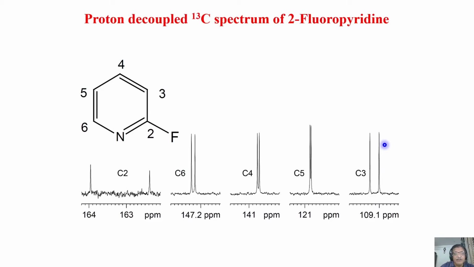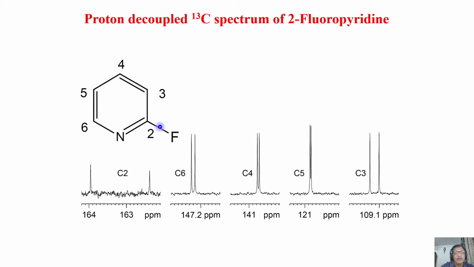Okay. What is the next one? This is again a 1 to 3 bond coupling. This is C6, C4, 1 to 3 bond coupling. Of course, this is quite a bit larger than this. There could be some anomaly in identifying whether this is carbon 6 or carbon 4. That's a way to identify later. But now what is carbon 5? Carbon 5 is this.